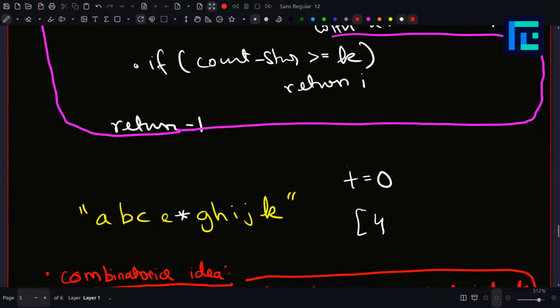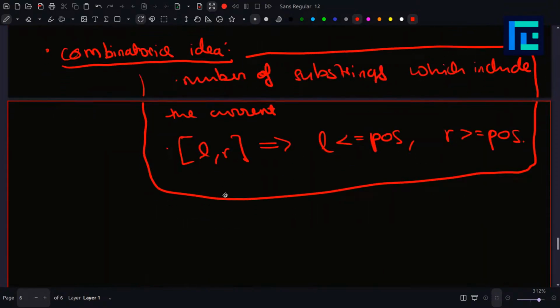So using this star, how many substrings are formed? What will be the count of that? This is 1, 2, 3, 4, 5. So these are the 5 different starting points we can have: start here, here, here, here, or here.